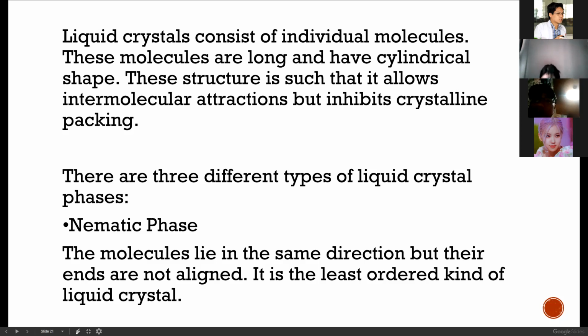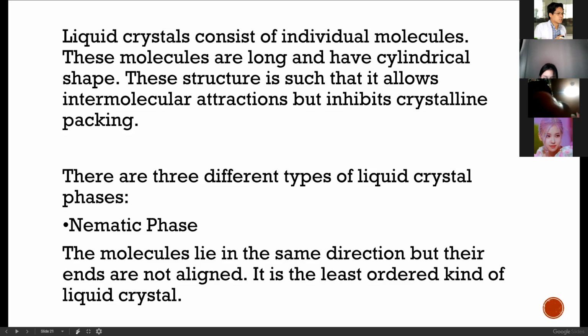Okay. Liquid crystals. Have you seen the liquid crystals? It allows intermolecular attractions but inhibits crystalline packing. So it is not a crystalline solid. Still, it is under liquid crystals. It's different.